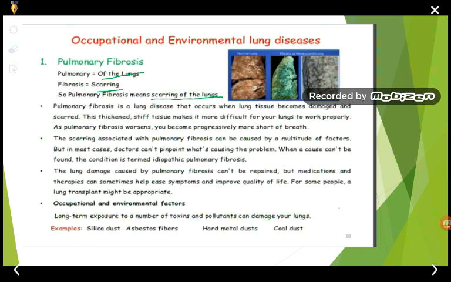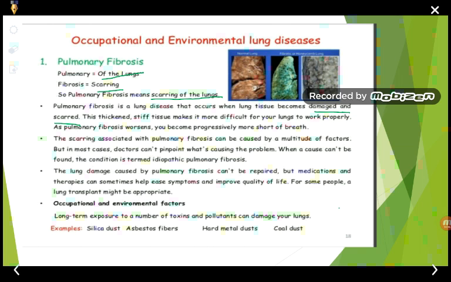Pulmonary fibrosis is a lung disease that occurs when the lungs become damaged and scarred. When the soft tissues of the lungs get converted into hard tissues, the lung tissues are not able to expand while inhaling and contract while exhaling, and then breathing-related problems occur.